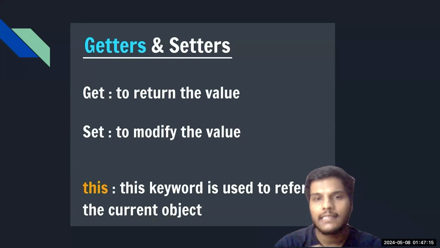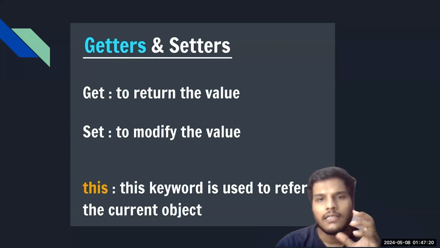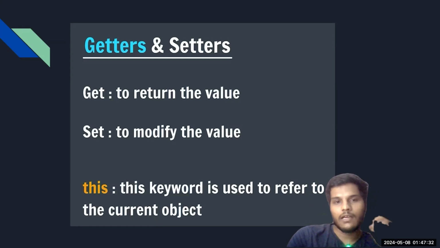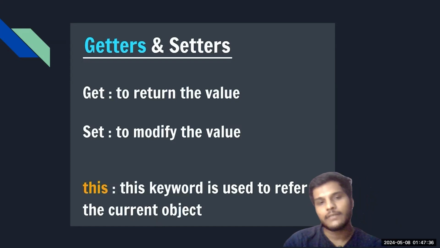This is where getters and setters come into play. Getters and setters are methods that allow us to retrieve by get and to modify by set the values of private variables respectively. So now we can access all our attributes by getters and setters even if they are private. Now let's see our code.